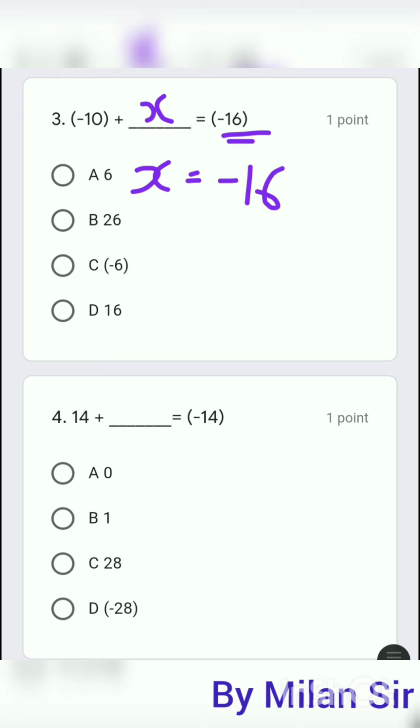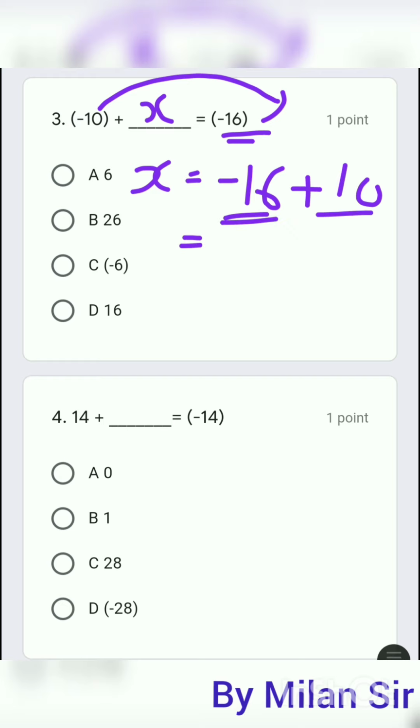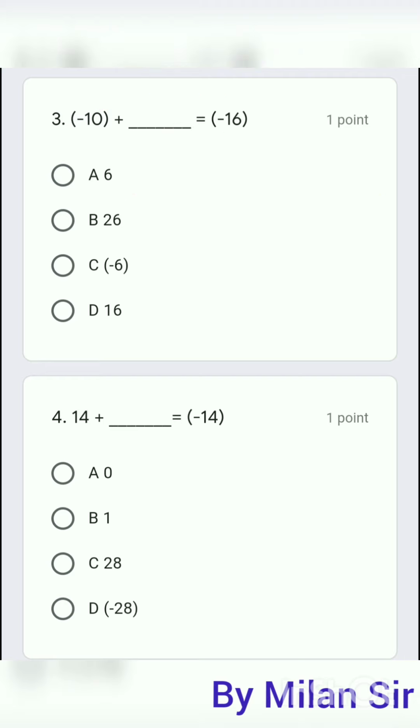For finding out the value of x, transfer this minus 10 to the right hand side, so it becomes plus 10. Now plus minus minus, 16 minus 10, 6. Big number 16 have negative sign, so negative. So here our answer of x, it is minus 6. So here C is our correct answer, minus 6.